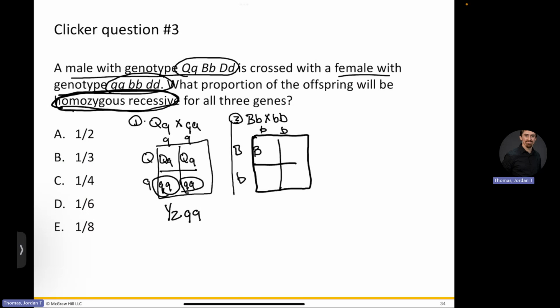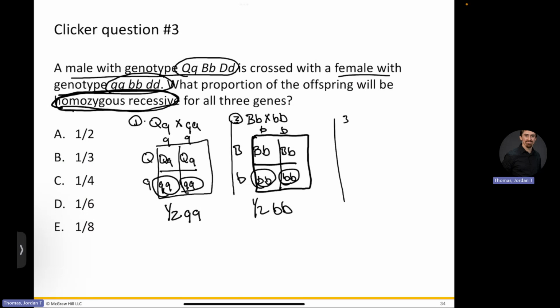With the first box, we get big B from the dad, little b from the mom, big B, little b, then little b, little b on the bottom, and little b, little b on the bottom again. We get 2 that are homozygous recessive. Remember, that's what we're looking for across the board. So that's 1/2 little b.